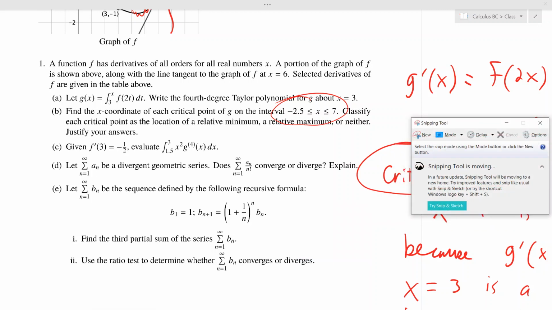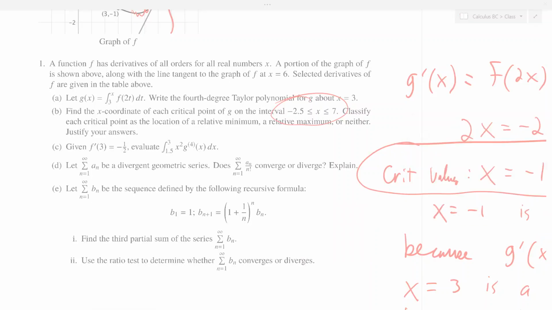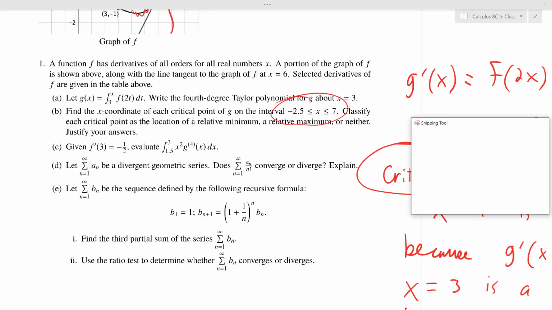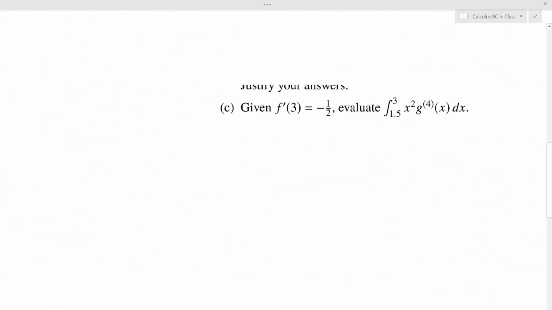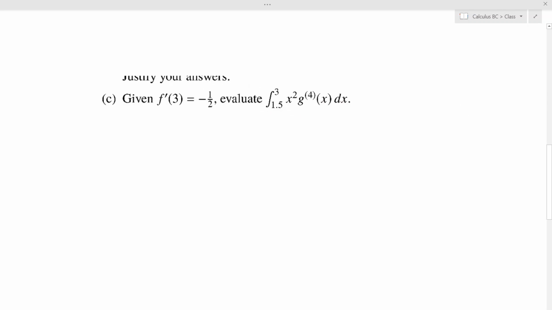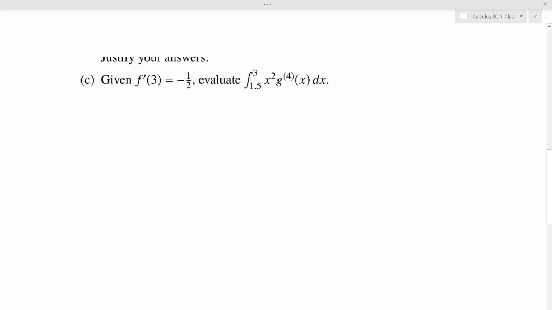Okay, so let's just roll all the way over here. All right, so f prime of 3 is -1/2, but the fourth derivative is going to give us the third derivative. Oh, because they gave it to us though. Got it. Okay, so this is parts.